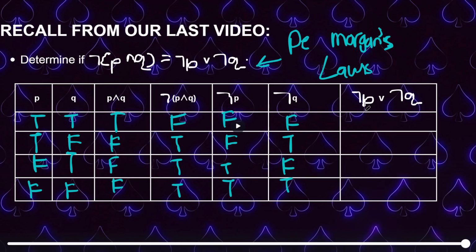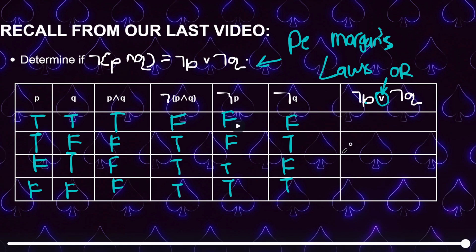The last column is not P or not Q, so the conjunction becomes this one, and the symbol is called or.